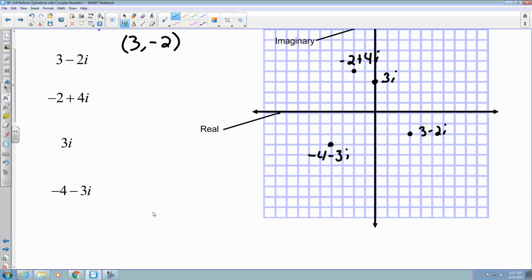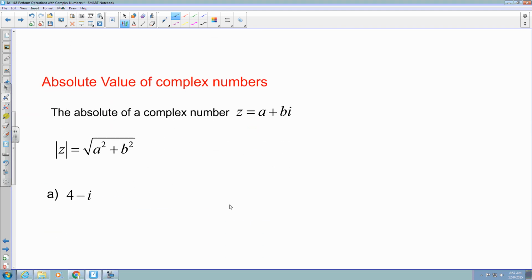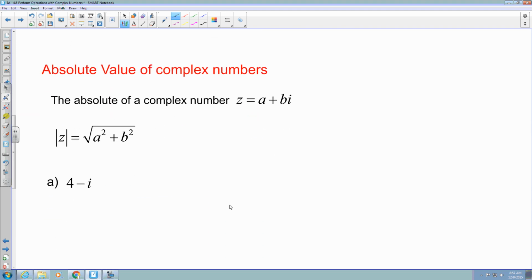And then the final thing we're going to take a look at is absolute value of complex numbers. Anytime you have a complex number in standard form a plus bi, to find the absolute value of that number, all you're going to do is take the square root of a squared plus b squared. So if you look at example A, we have 4 minus i, where a equals 4 and b equals negative 1.